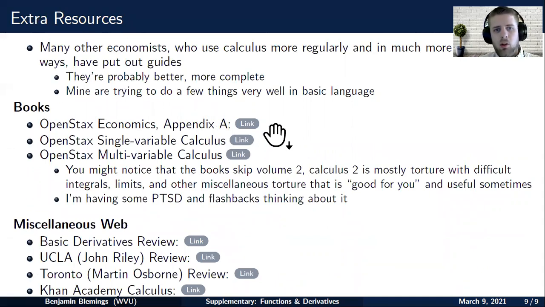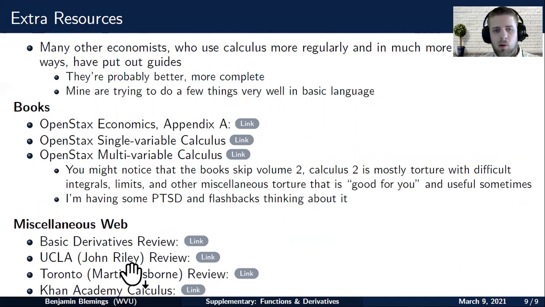So you can go to these books. OpenStax's Appendix A will have some formulas and equations, single variable calculus, multivariable calculus. The book says skip volume 2 because Calc 2 is mostly torture with difficult integrals and limits and other miscellaneous torture. I have PTSD and flashbacks just thinking about it. And then there's some other miscellaneous web resources.